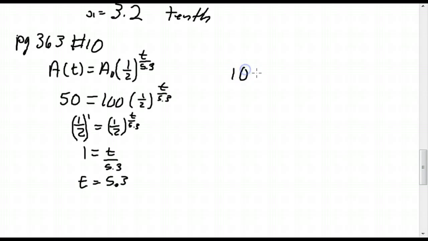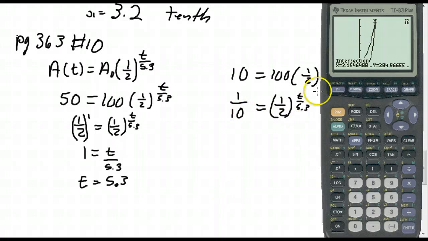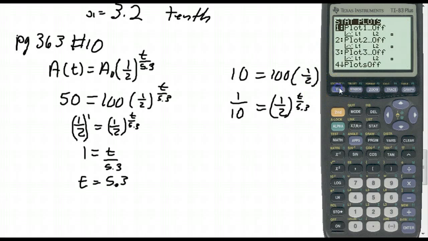So what if we go 10%, and I start with 100, and I got 1/2 to the t over 5.3. Again, let's divide both sides by 100, so we get 1/10 is equal to 1/2 to the t over 5.3. I don't have the same base now, so I can't solve it that way. We do have to solve this graphically. So let's bring in the graphing calculator. Let's go to y equals and clear out what's in there.